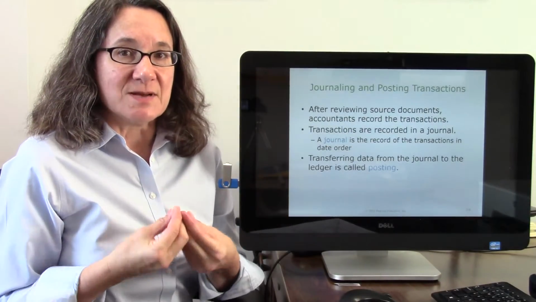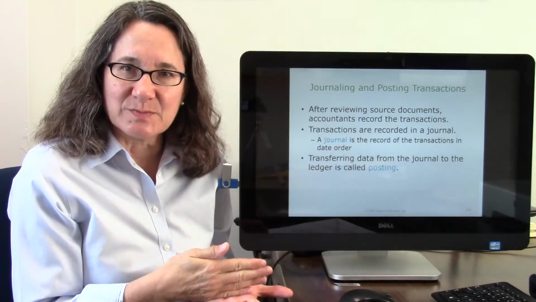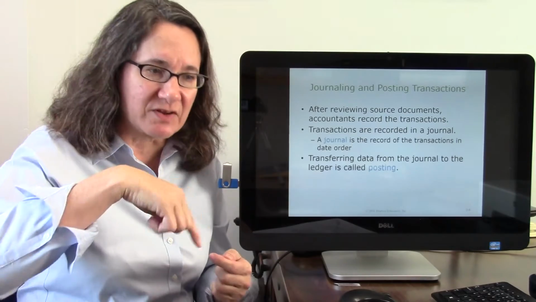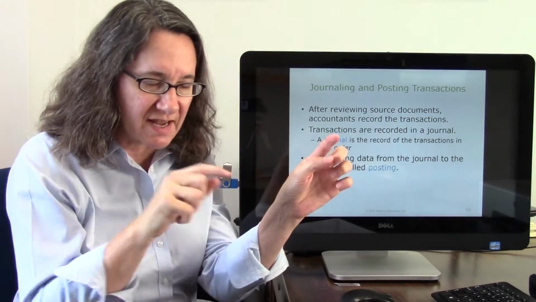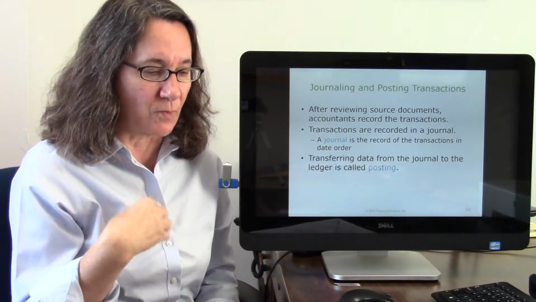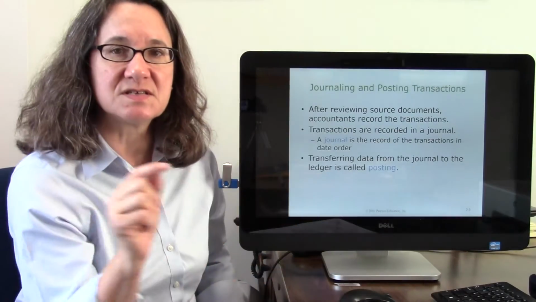So we need to keep track of things by account, because really what you want to know is, what's my cash balance? How much accounts receivable am I owed? You don't have to go through your journal and find, oh, there's cash, and add it and subtract it. That's a mess. So through the posting process, we post to the ledger.